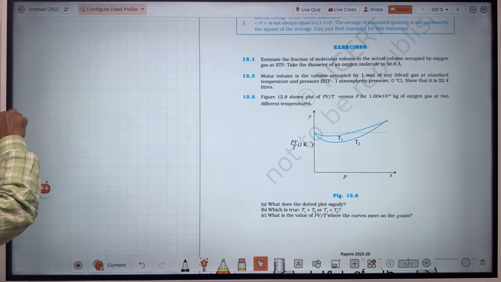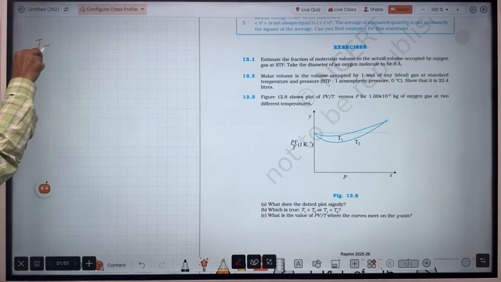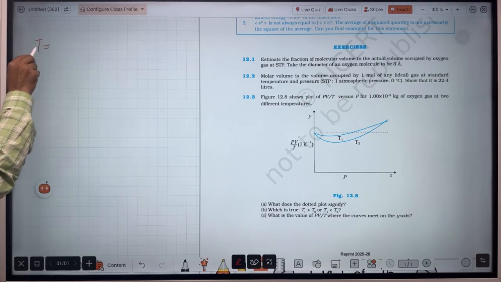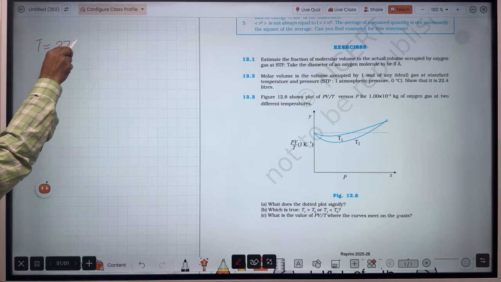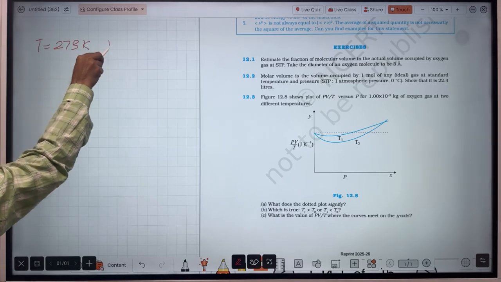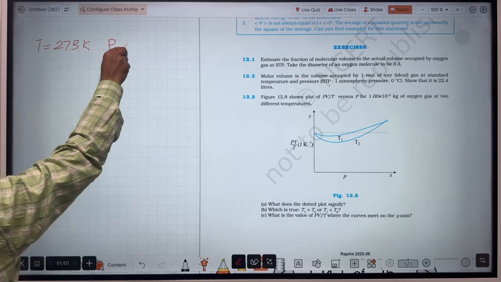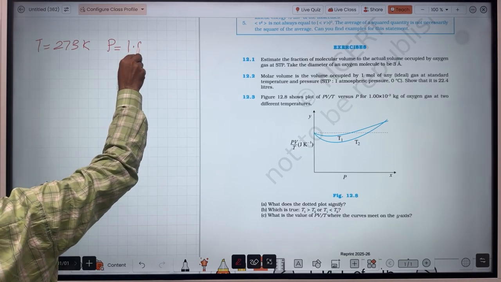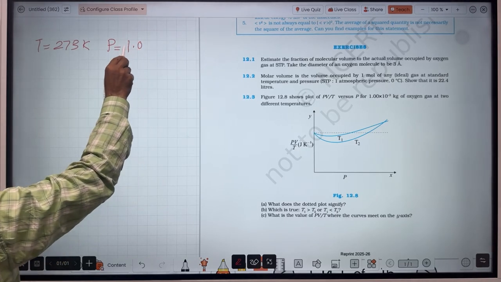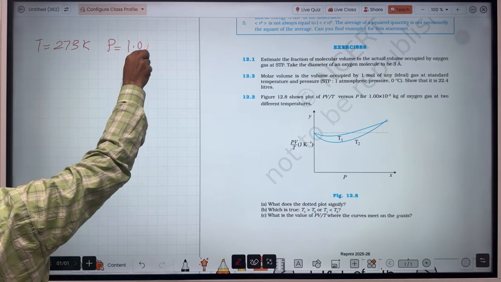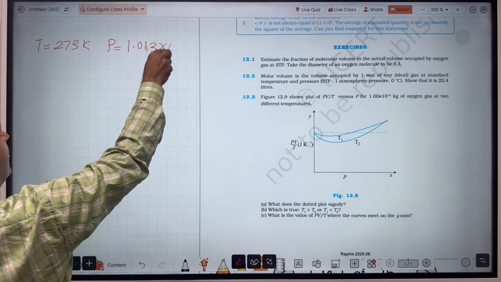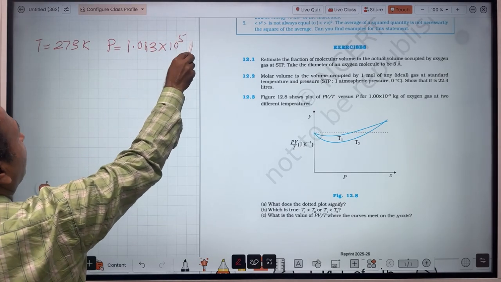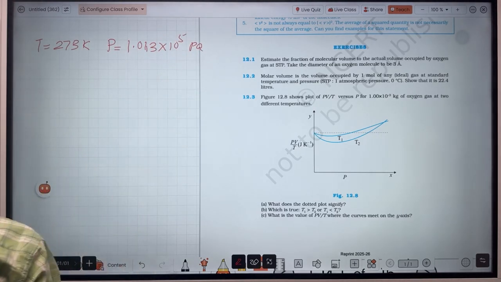T is given, T equal to 273 Kelvin. Pressure is given 1 atm, 1.013 into 10 to the power 5 Pascal, right?